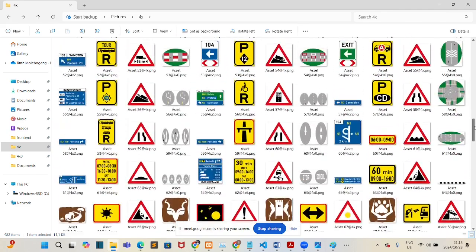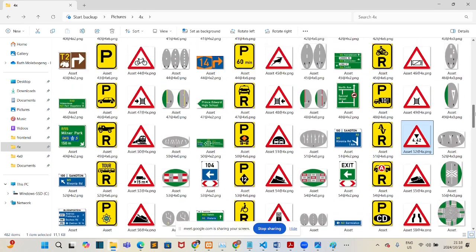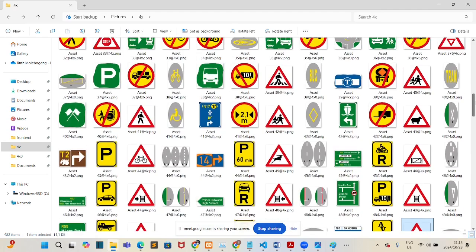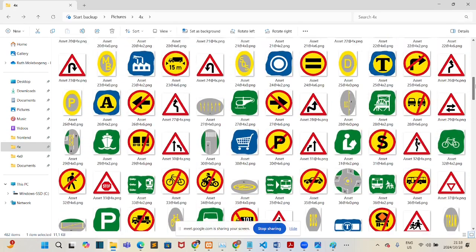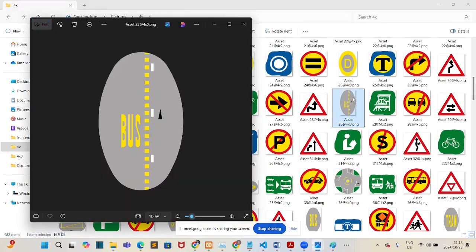All right, let's see. This one, the old one. That is to show that the lane on the left is reserved for buses to use.